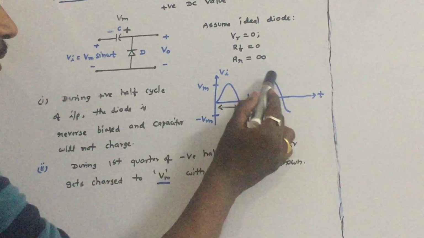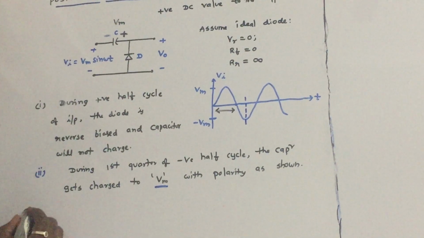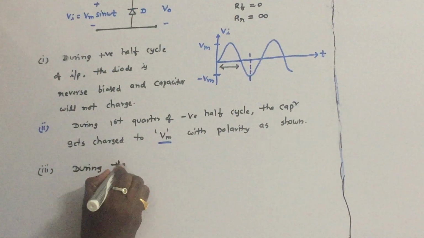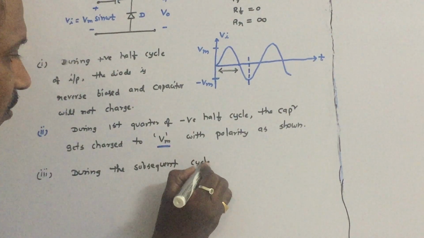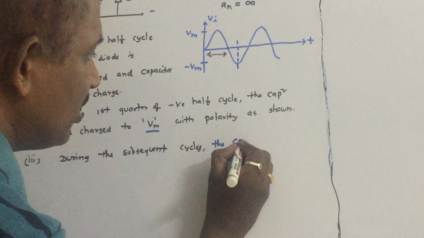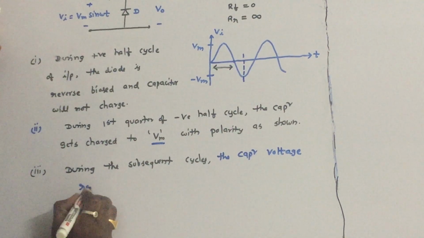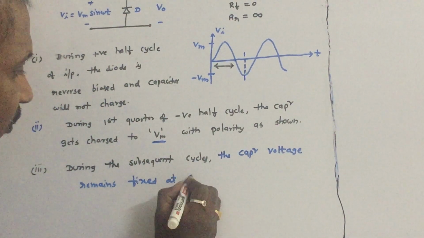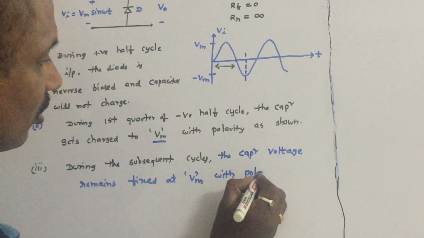That is the next point you have to write: during the subsequent cycles, the capacitor voltage remains fixed at Vm with polarity as shown.